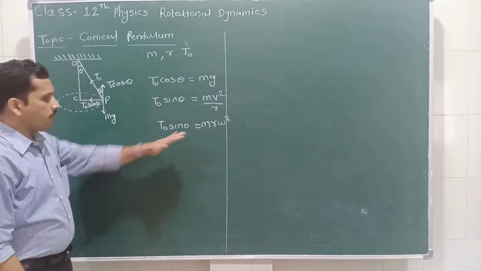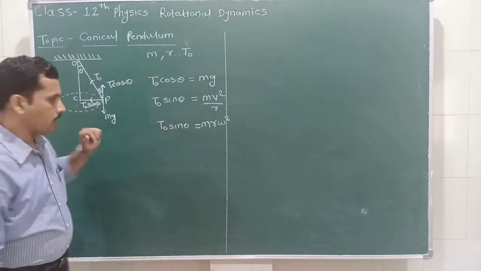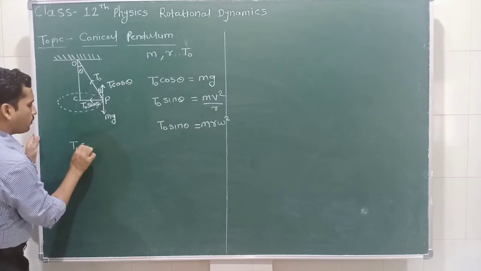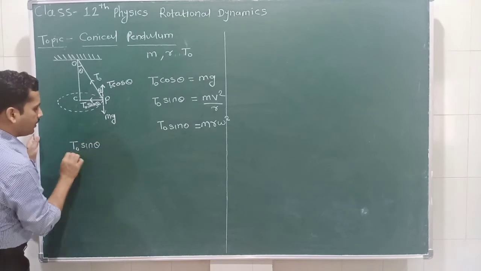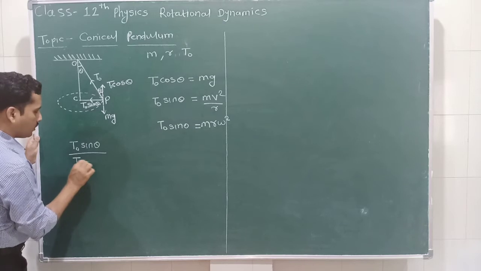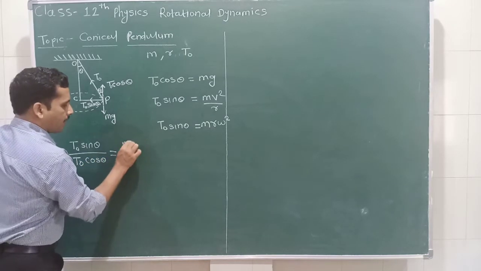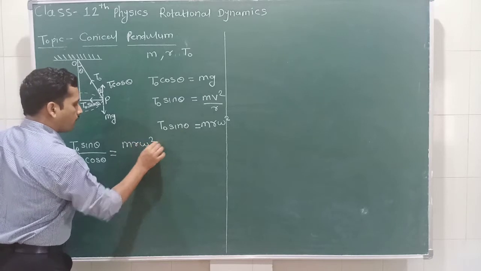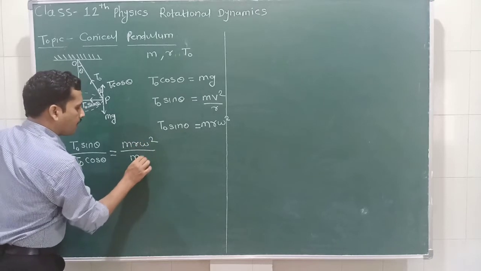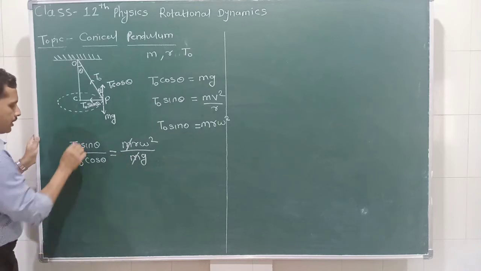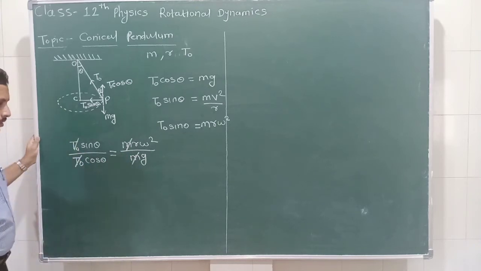Now, divide this equation by this equation. We get T0 sin theta divided by T0 cos theta, equal to mr omega square divided by mg. Here m gets cancelled, and T0 gets cancelled.